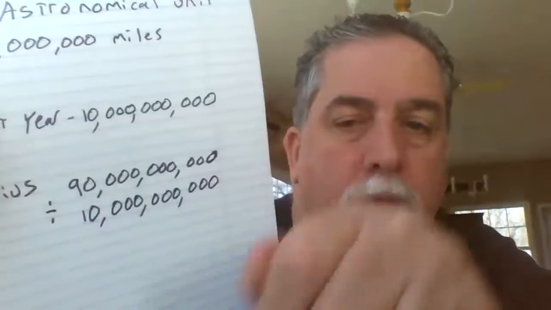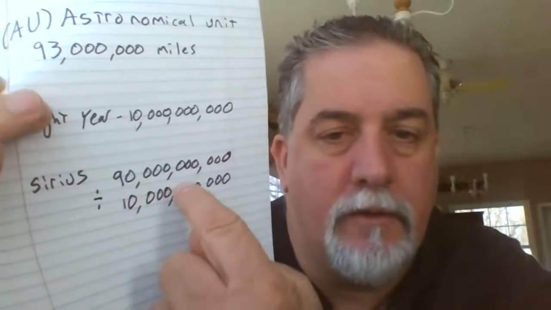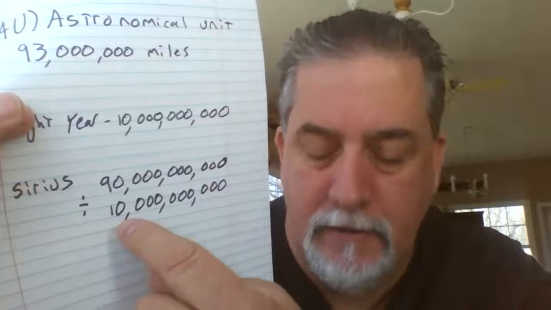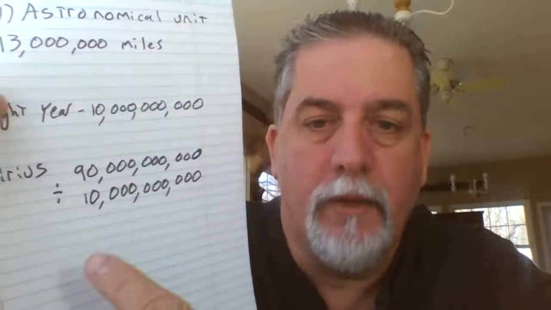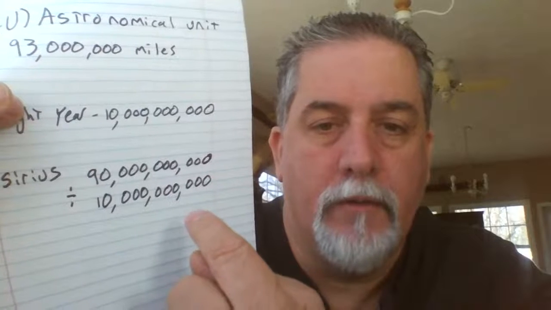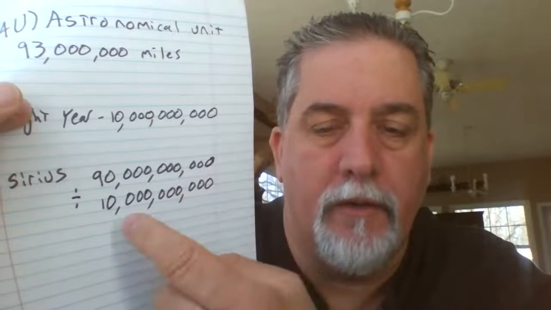Okay, then we have something that looks like this. This becomes a division problem where you have 90 trillion kilometers away, that's how far Sirius is, divided by 10 trillion.